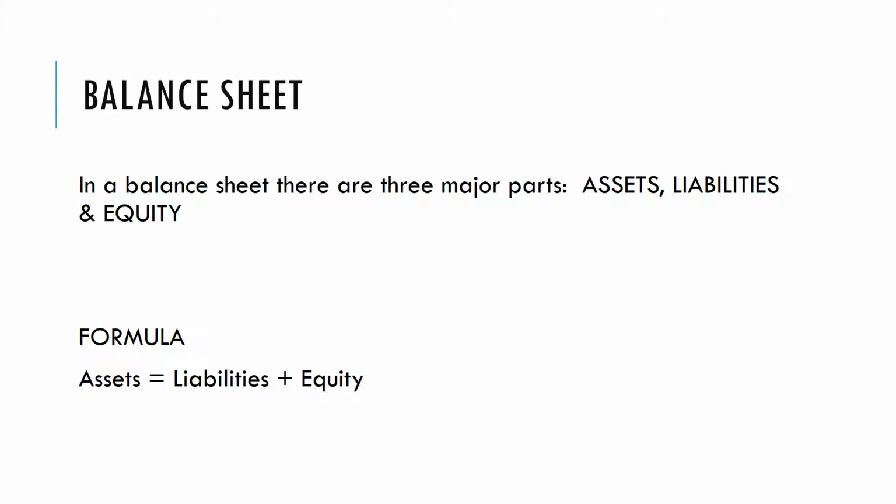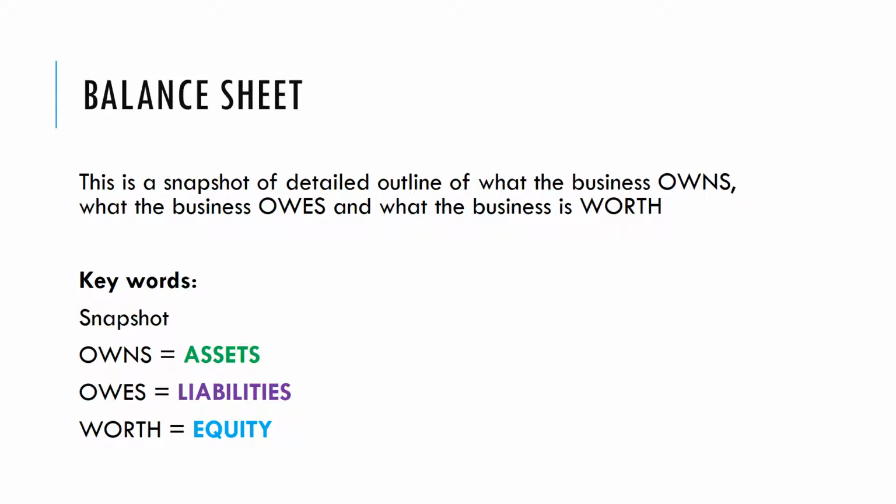So if you go back and think about what I mentioned earlier on the previous slide, that this is a snapshot, a detailed outline of what the business owns, what the business owes, and what the business is worth. What a business owns is your assets. So it's everything that you legally own, and it's kind of what makes your business your business. Then what it owes is the liabilities, and then the worth is called equity.